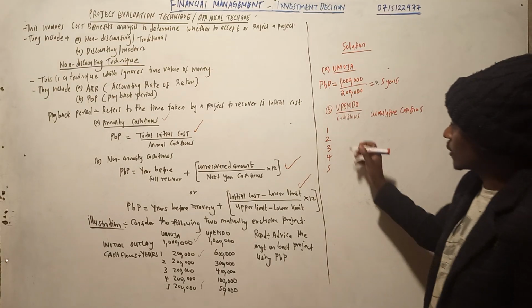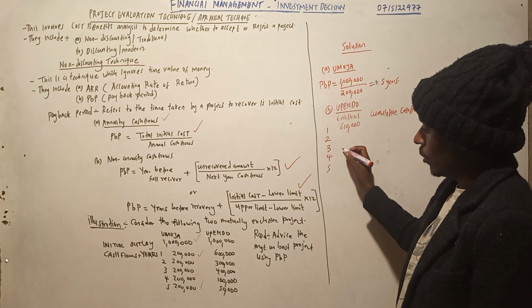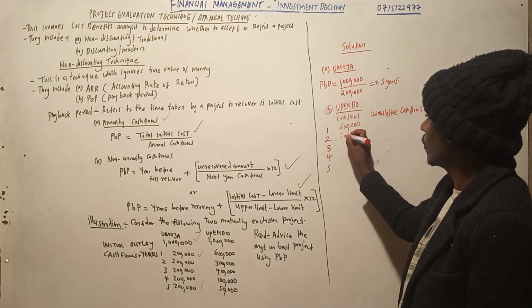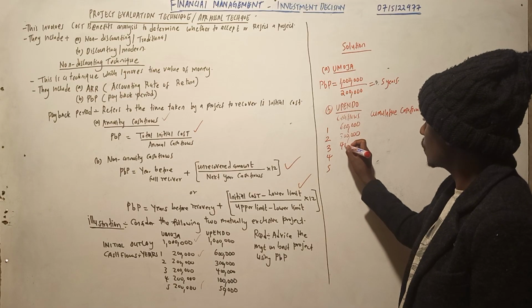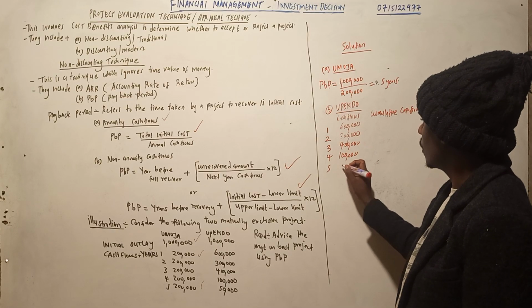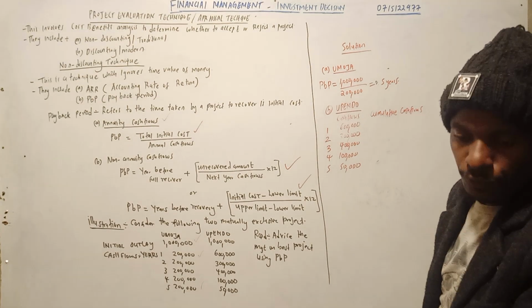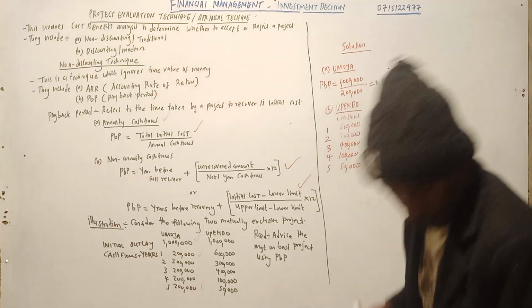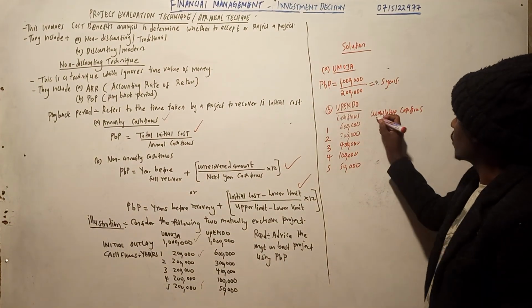So we write 600, then 300, then 400, then 100, then 50. Now let us get the cumulative. The first one will be 600,000.